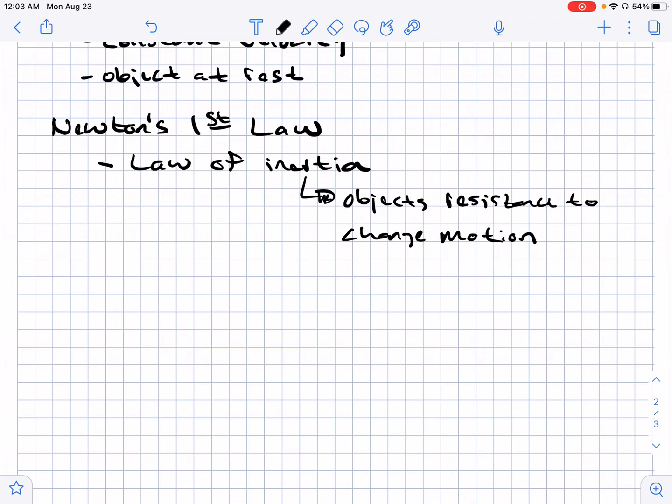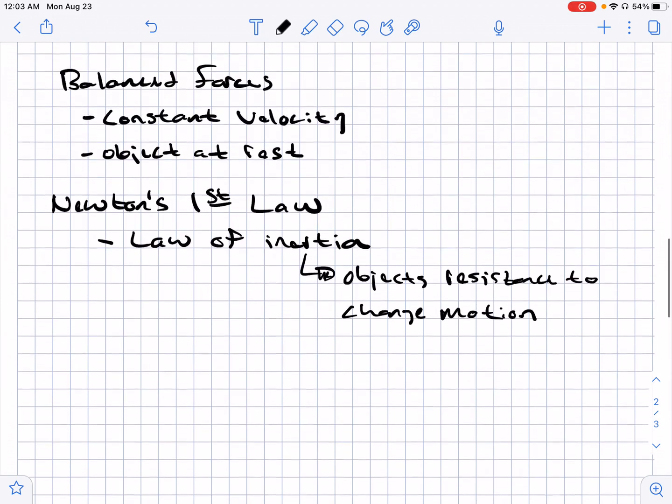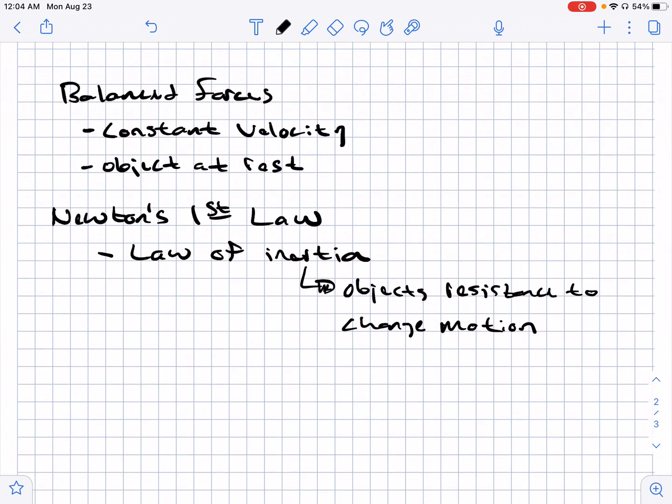It would be the big boulder, right? Because it has more mass, so it has more inertia. That's all inertia means. And so the law of inertia, or Newton's first law, again states that an object will stay in motion with a constant velocity, or it will stay at rest, unless we have unbalanced forces. Okay, so that's what Newton's first law is.